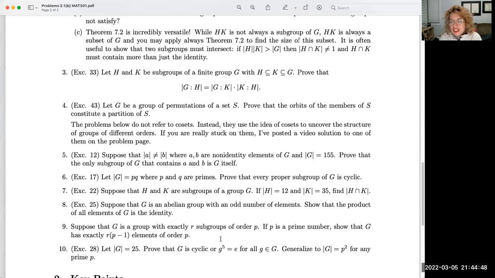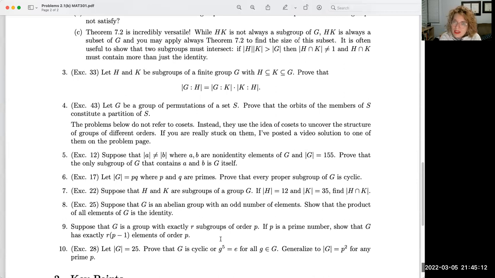If G is not cyclic, then what are the options? Well, the order of every element has to divide the order of the group. So the order of the group is 25. So the orders of the elements have to either be 1, 5, or 25.